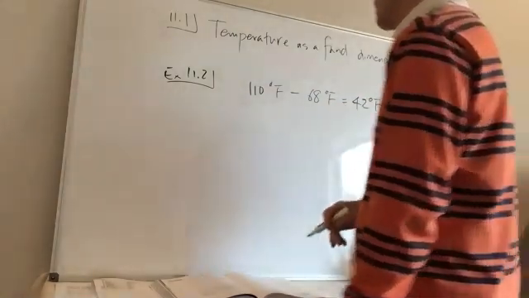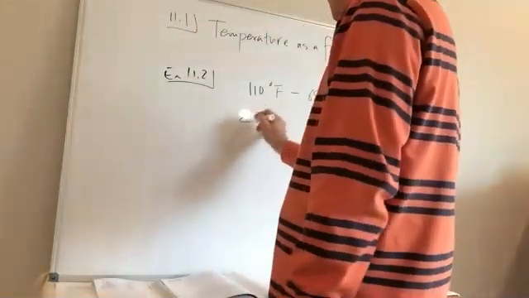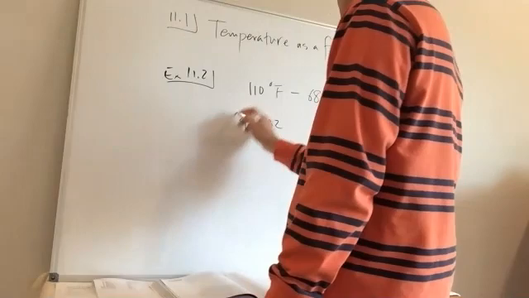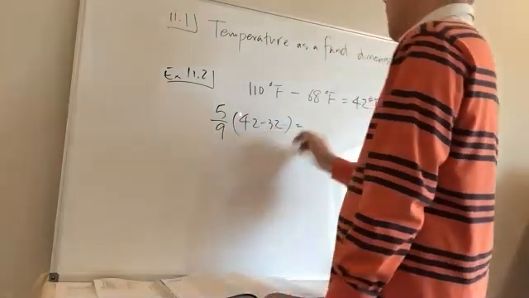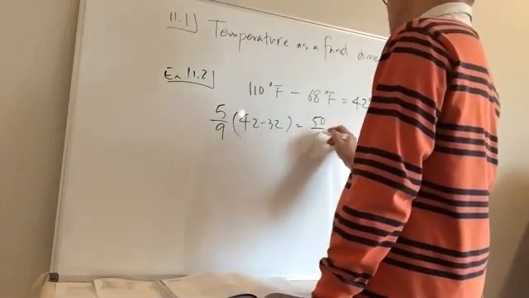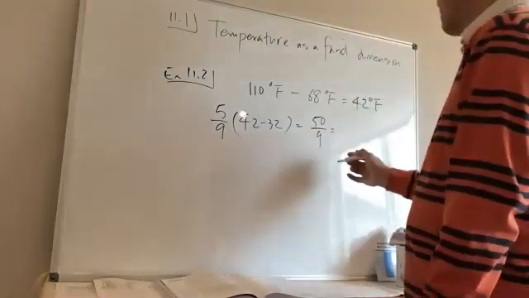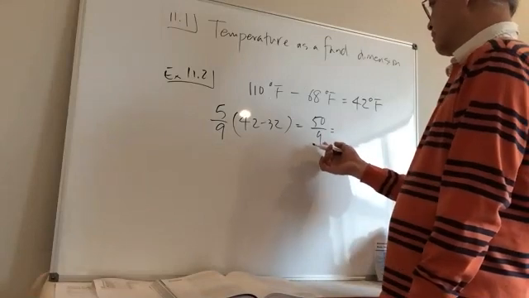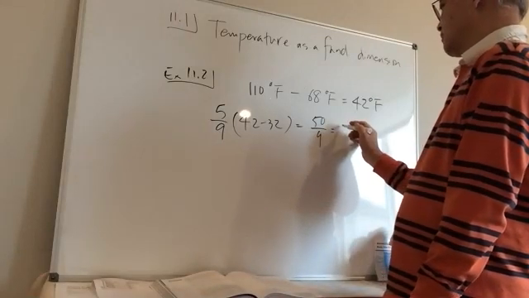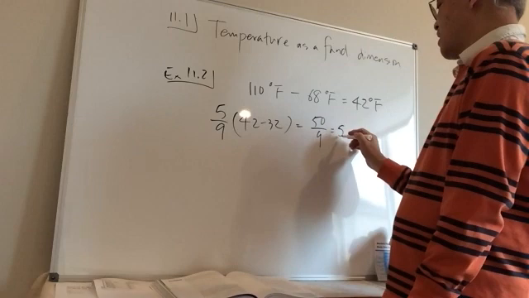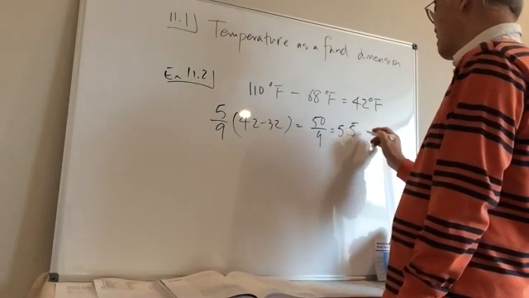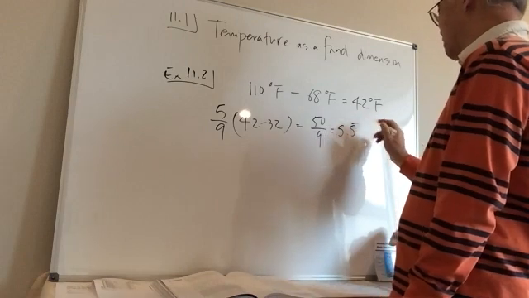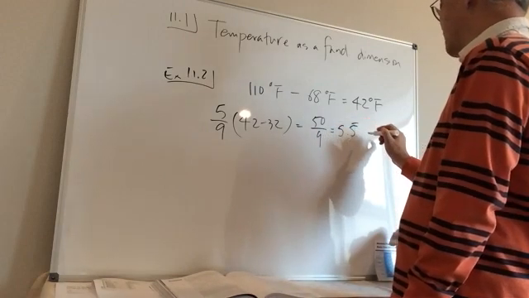So now we have to change that into Celsius. So how would you do that? 42 minus 32. It's going to be 1050 over 9. So that's what? 5.55 repeating.